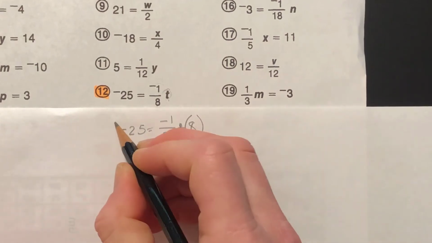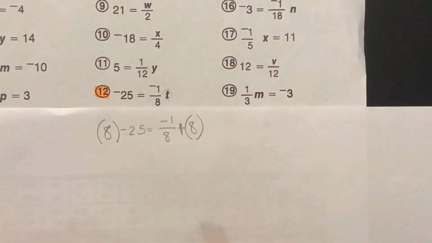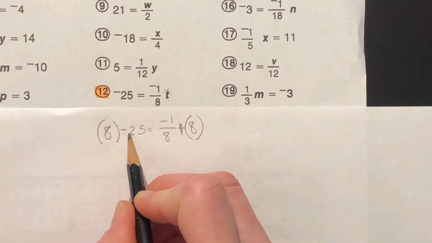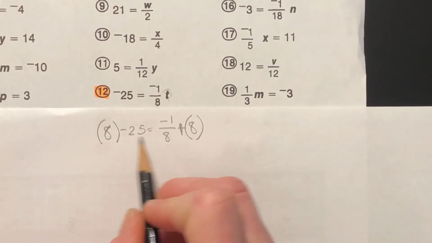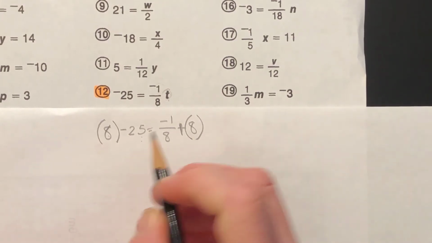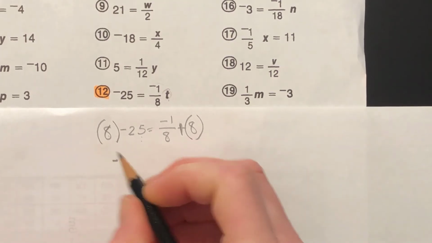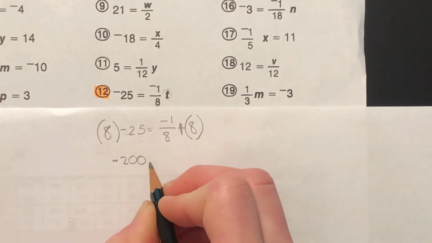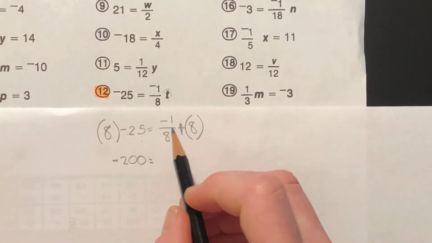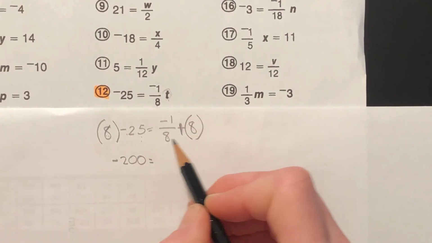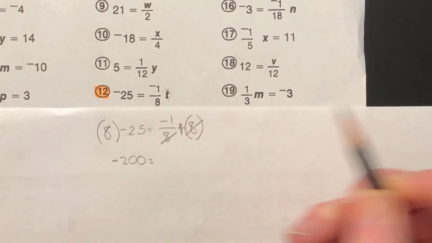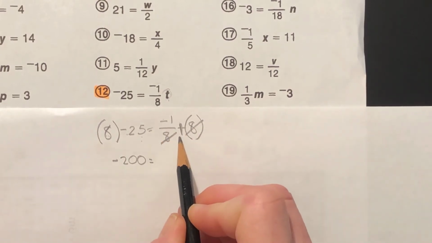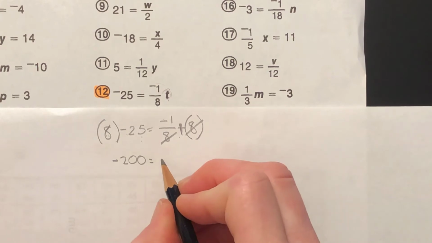Make that look more like a t than a plus. 8 times negative 25. That's, okay, 8 quarters is $2, so it's 200. Negative, because it's a positive times a negative, negative 200 equals, when I multiplied this whole term by 8, it canceled out, so now I have negative 1t, or just negative t.